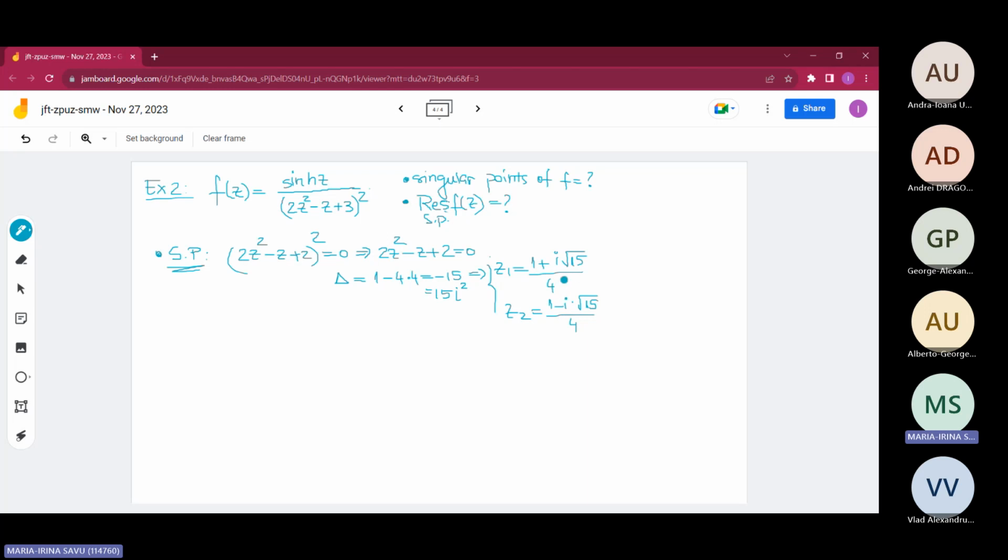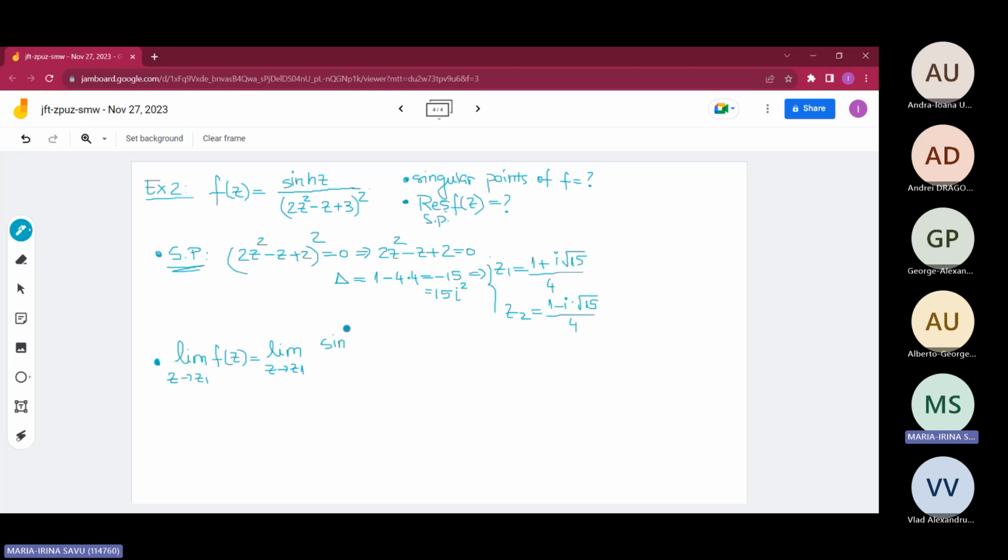Now, these are the singular points of f, and you have to find first what type of points they are, and then find the residue of f. Let's start with z1. We have to compute the limit when z goes to z1 of f of z. I'm not going to replace z1 here because it's a long expression.